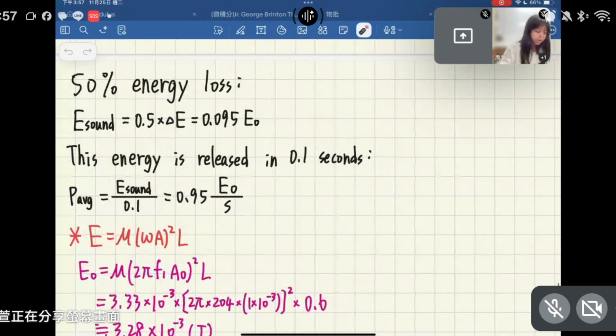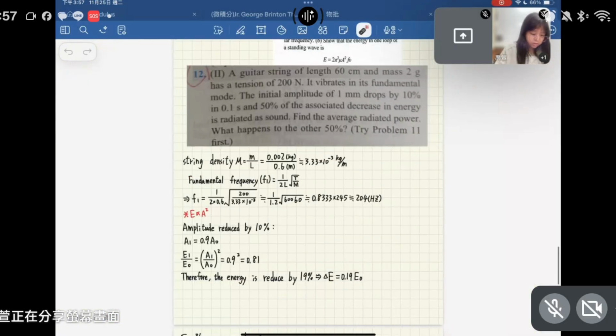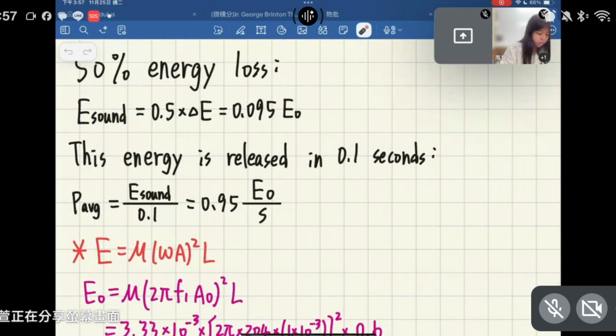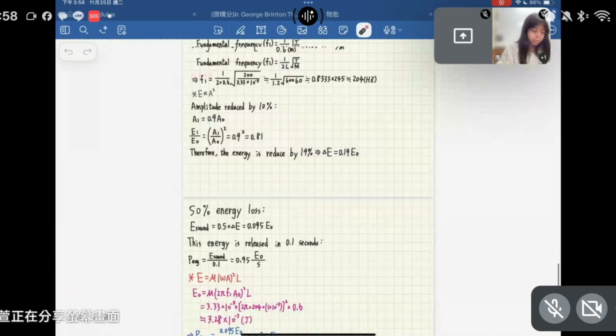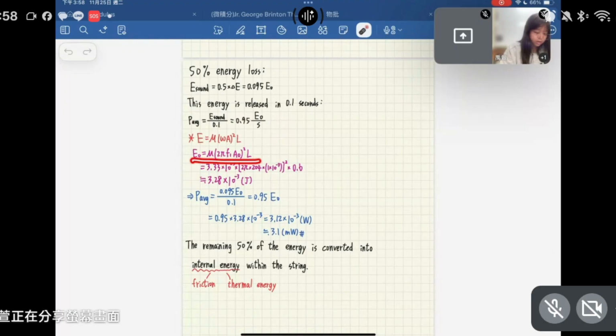So the question is the average radiated power. So the average power equals the energy of sound over 0.1, which equals 0.095 E0 over 0.1 s. So we use the equation of problem 11, this one, we can get this.